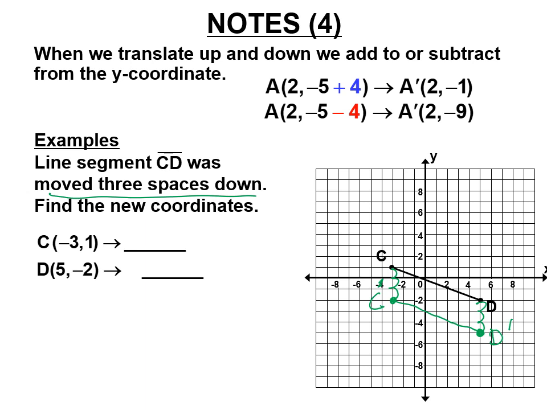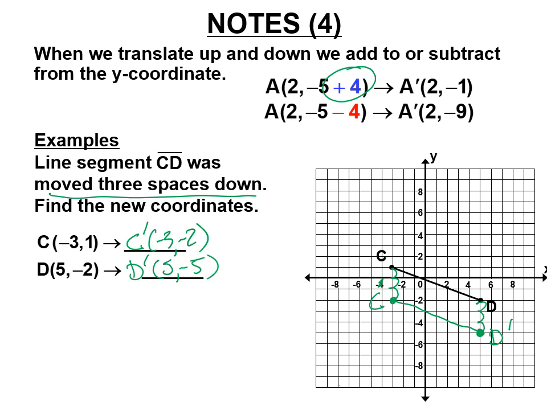All right, and then you're going to draw a new one, we're going to label it C prime, D prime. C was at -3, 1, C prime is at -3, -2. D was at 5, -2, now it's lower, it's at 5, -5. So let's look at what happened there.